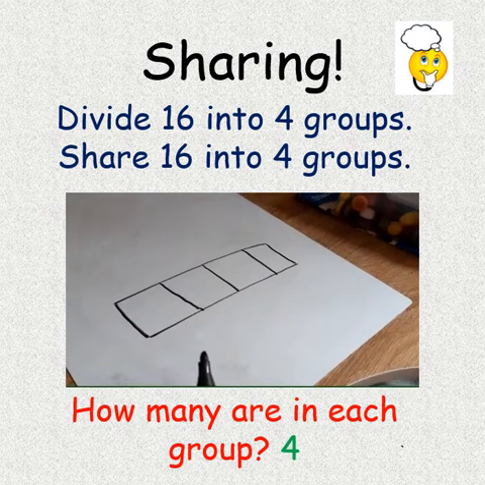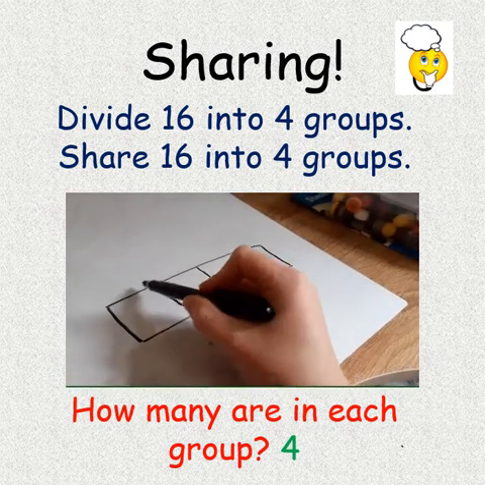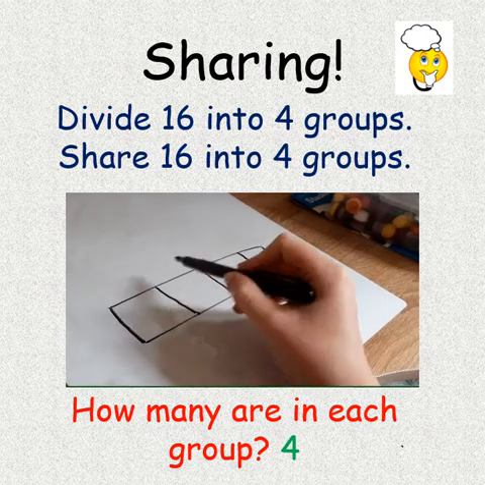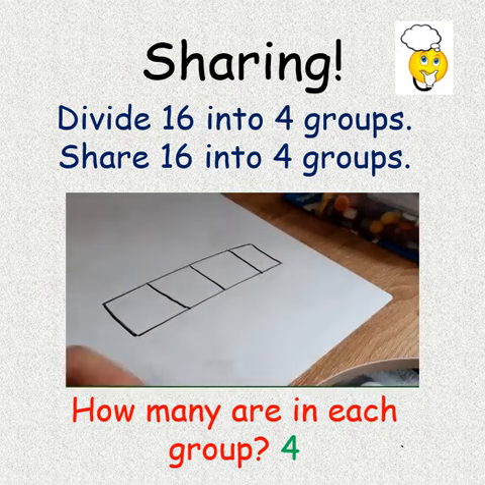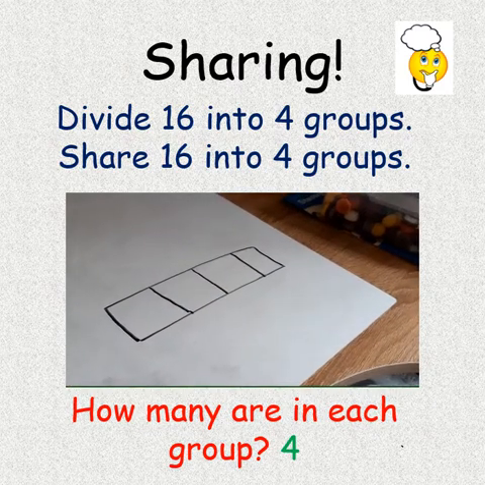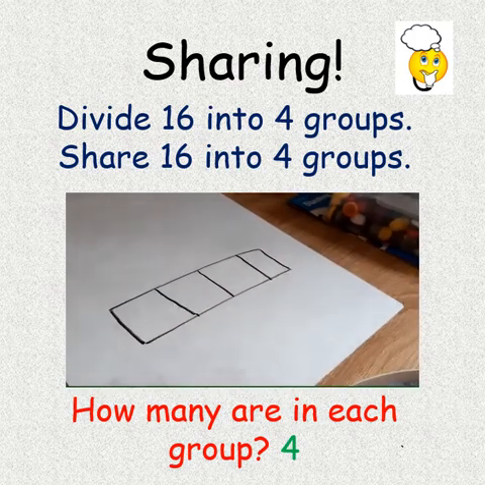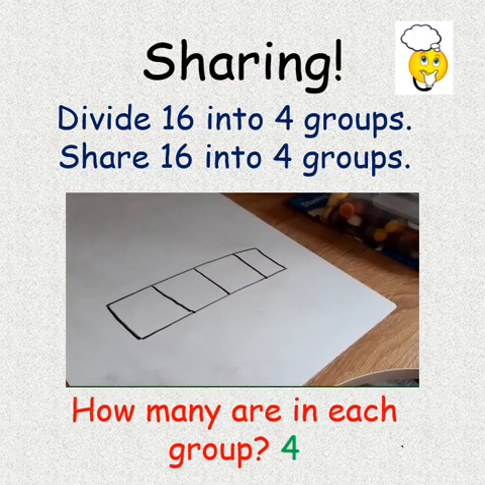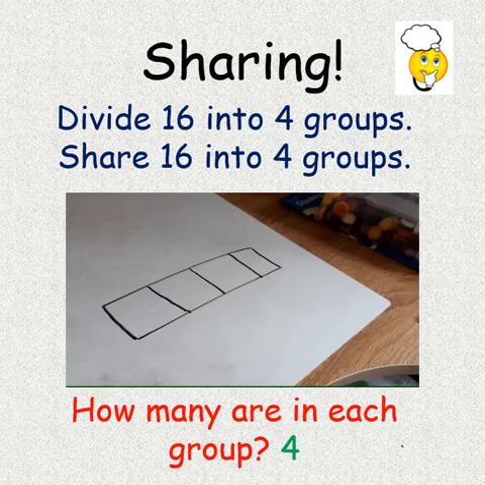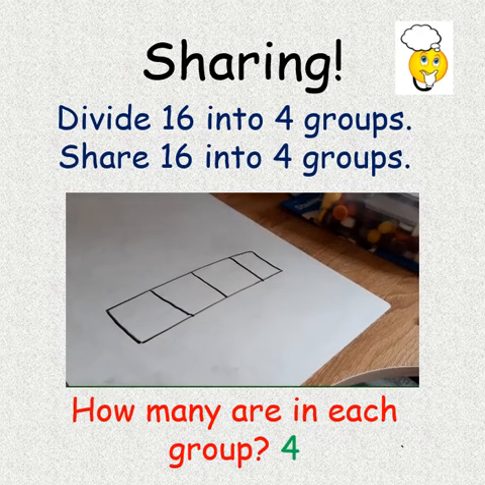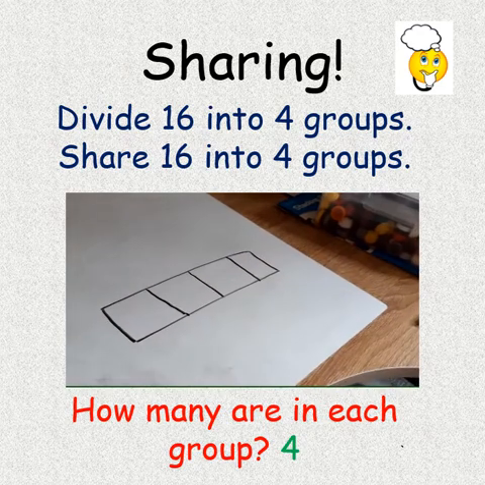I can start to share because now my groups are a square rectangle shape instead of a circle, so it's exactly the same, okay? Instead of doing circles, I've just done it in a bar. So I've got 4 groups and I need to divide 16 into the 4. Now it's really important that I still go in order, and draw the counters.